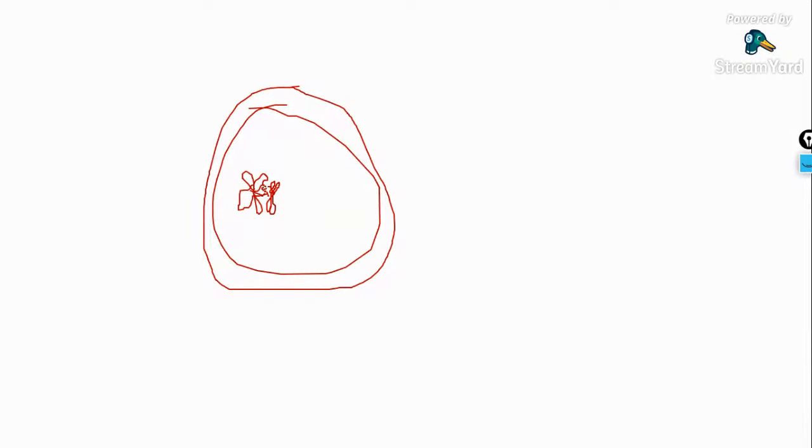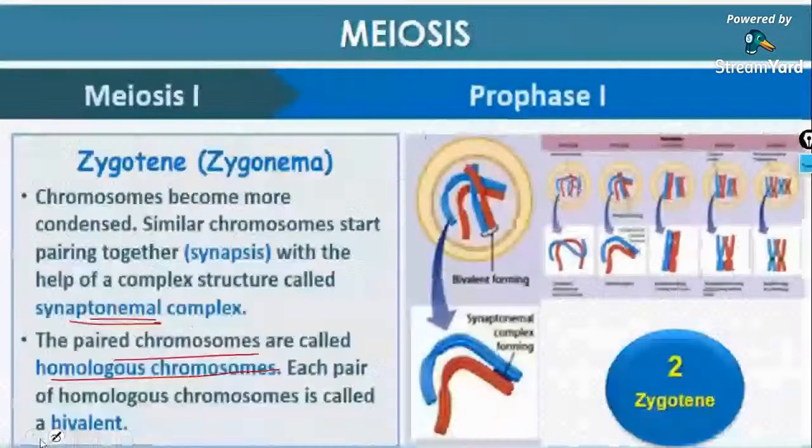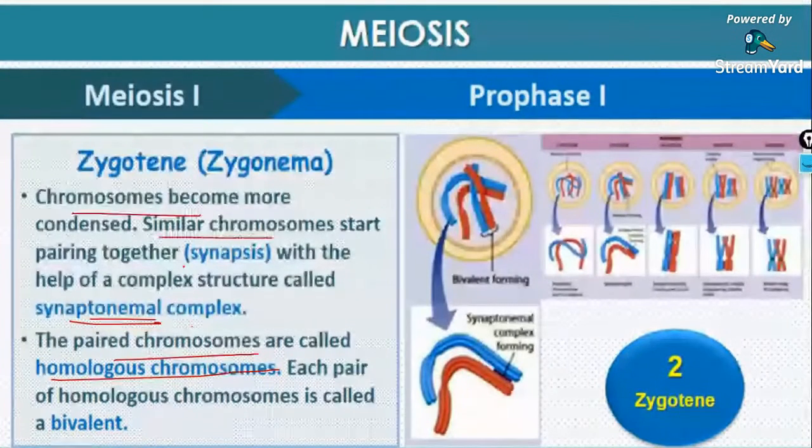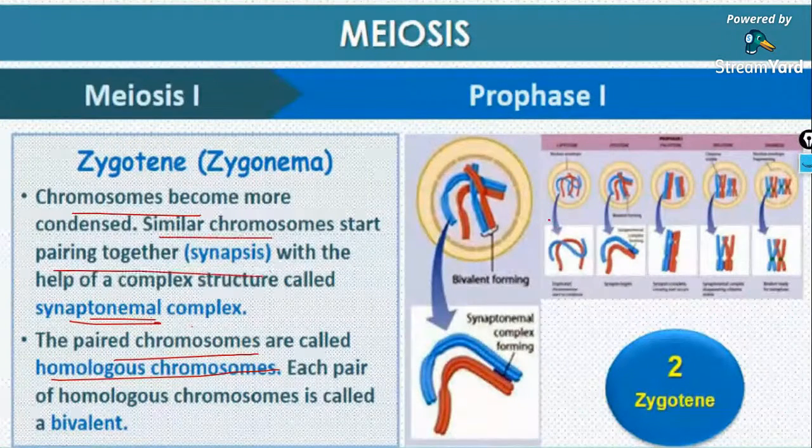Then the synaptonemal complex forms between the chromosomes. Clear with that? So chromosomes become more condensed, similar chromosomes start pairing together, and that is known as synapsis.